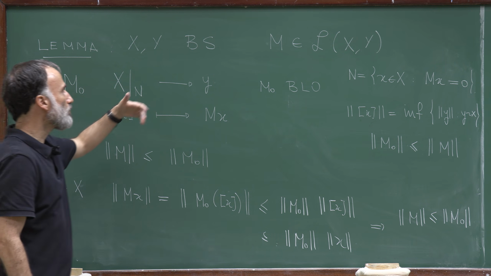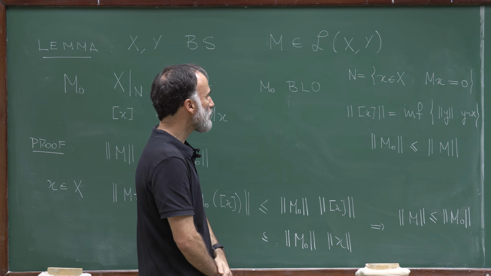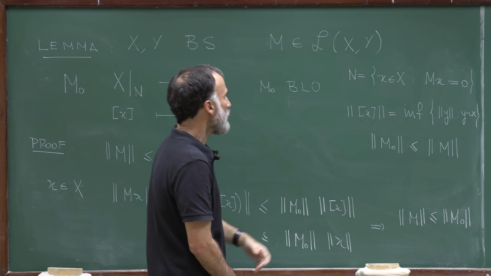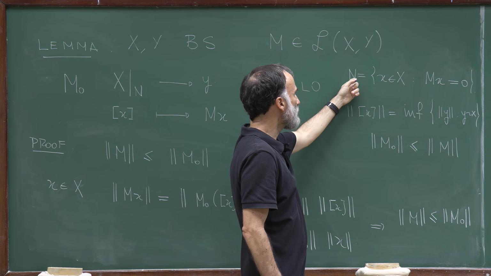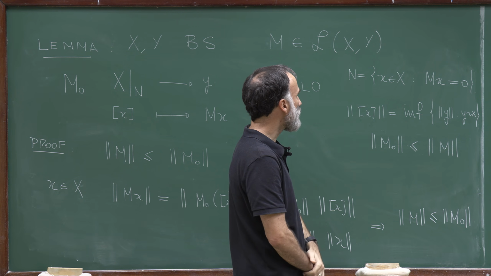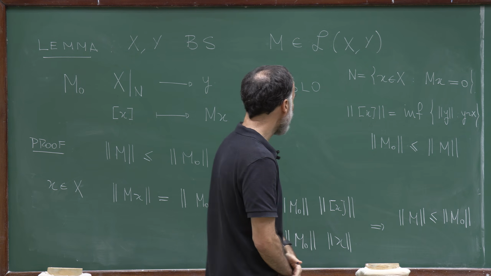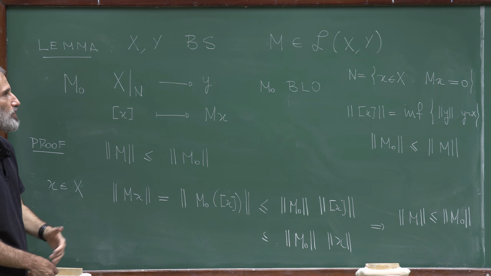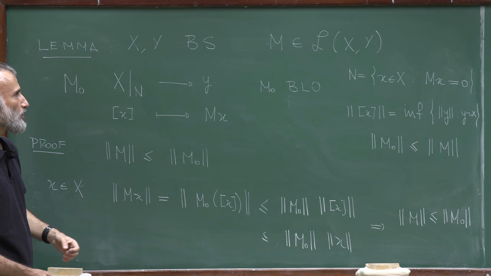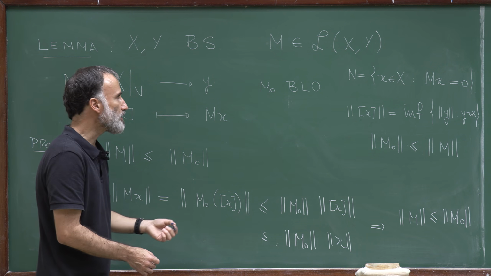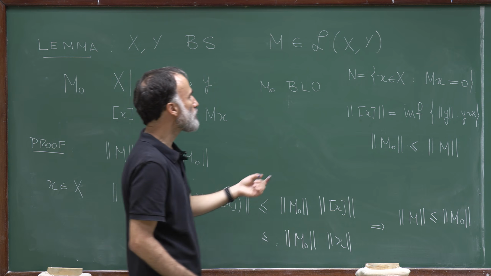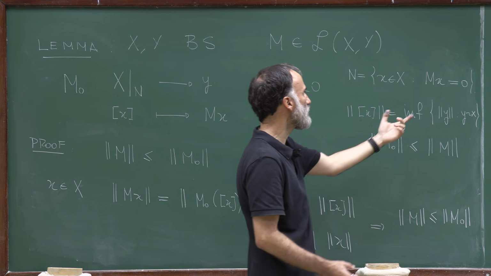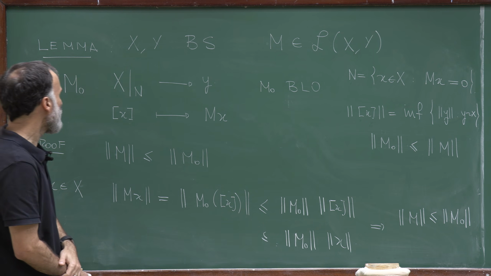So let me summarize what we proved. We started from a bounded linear operator. We defined the null space, and first proved that this null space is a closed linear subspace of X. Then we defined equivalence classes, so that two elements are equivalent if their difference belongs to the null space, which means that M applied to the difference is equal to 0.